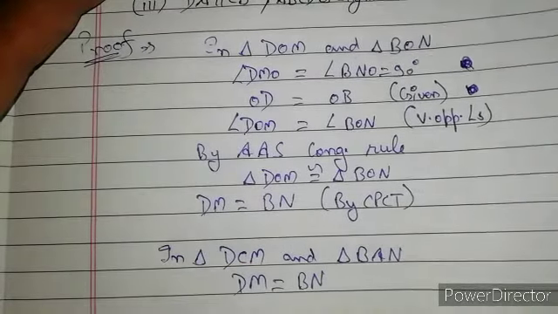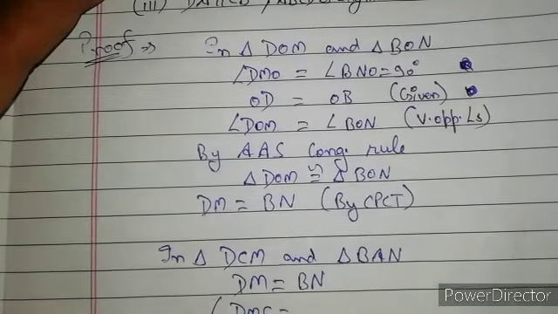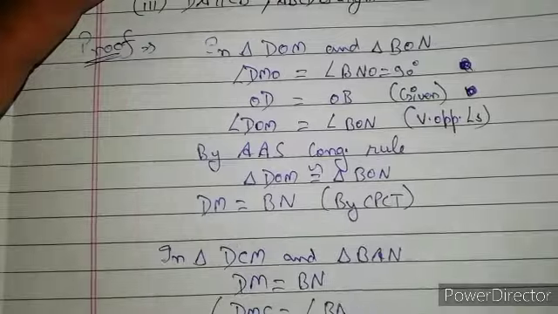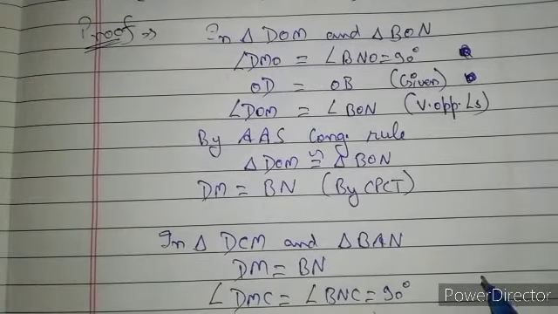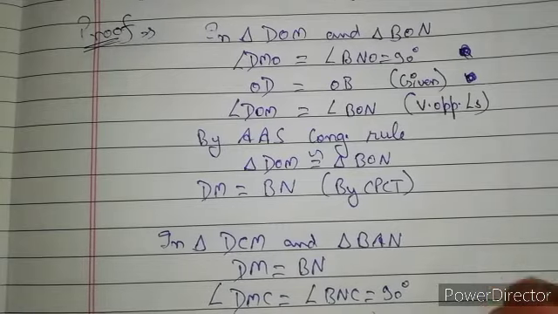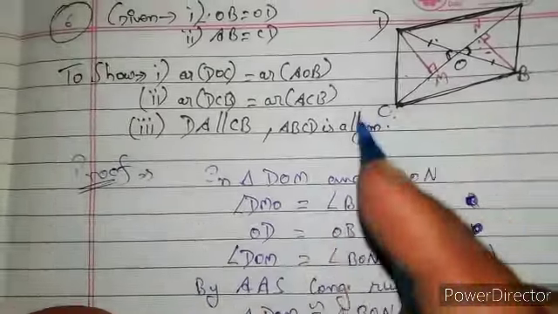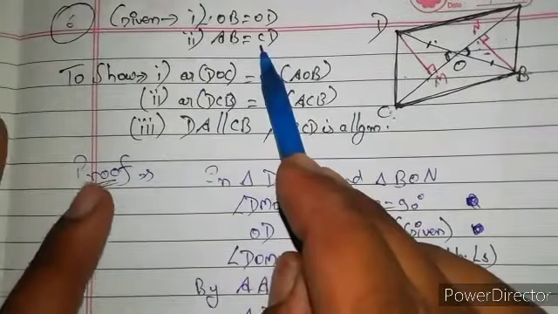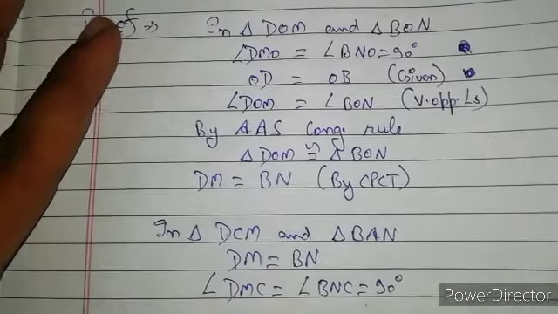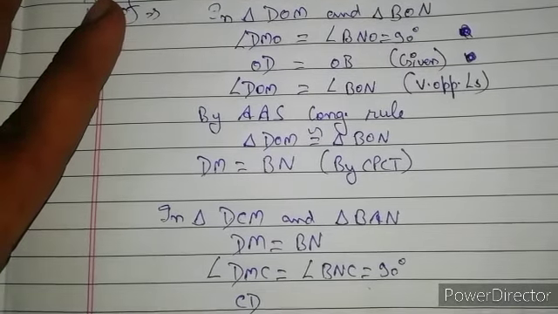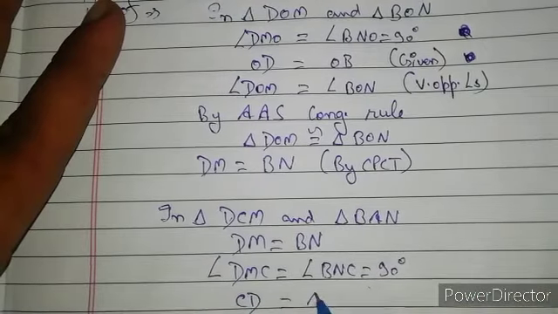Now we know that angle DMC is equal to angle BNC, which is equal to 90 degrees, because we have drawn two perpendiculars on AC. Third thing, look at the given part. We are given that AB is equal to CD. So in triangle DCM we have side DC, or CD, and in triangle ABN we have side AB.